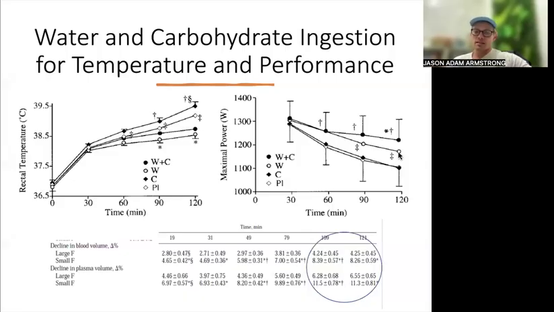Water was still effective, but not as effective as water plus carbohydrate. And then both the carbohydrate and the placebo group had the greatest reduction in power. Okay. And then there's just some specific data down here, but essentially, right, what we see is with large fluid losses, we see greater reduction in power and greater increases in rectal temperature.